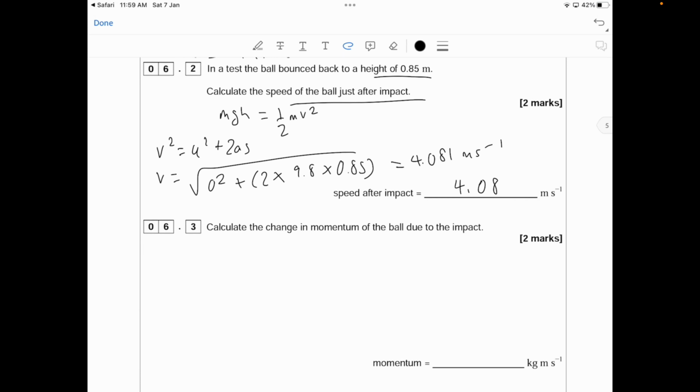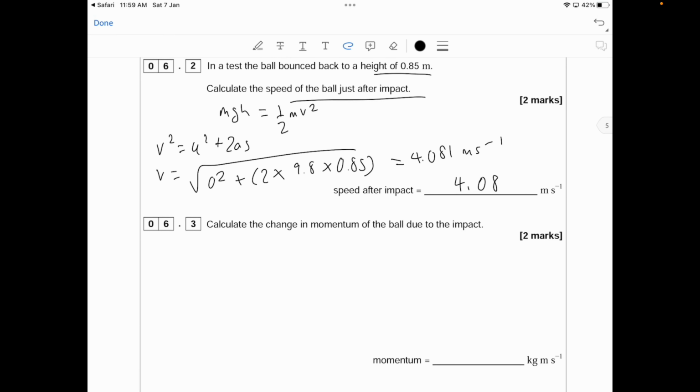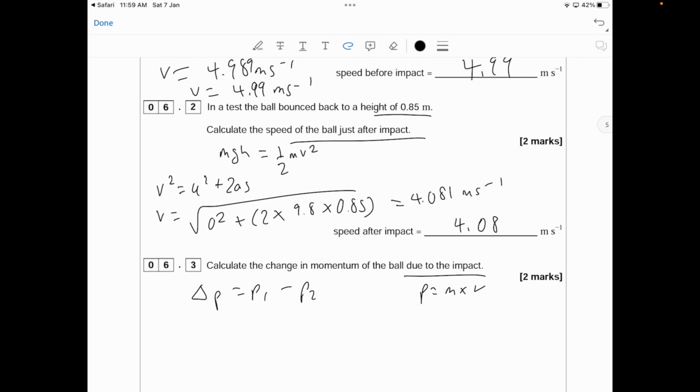Okay. Calculate the change in momentum of the ball due to the impact for 2 marks. We know that the change in momentum is P1 minus P2, and momentum is mass times velocity. We know the mass here is 16 grams.